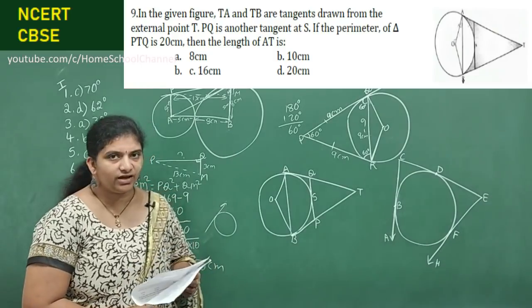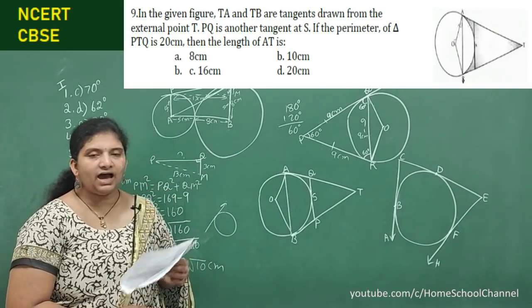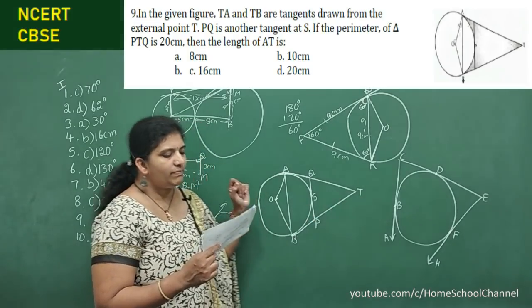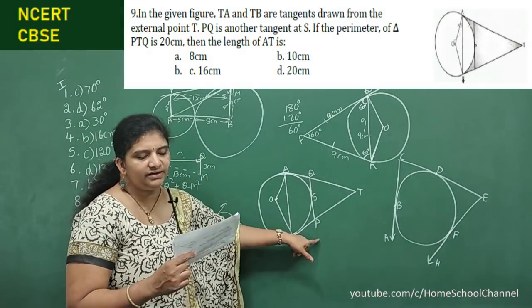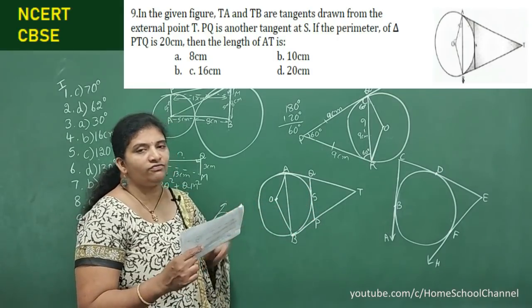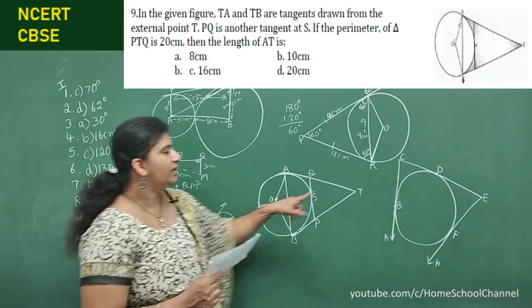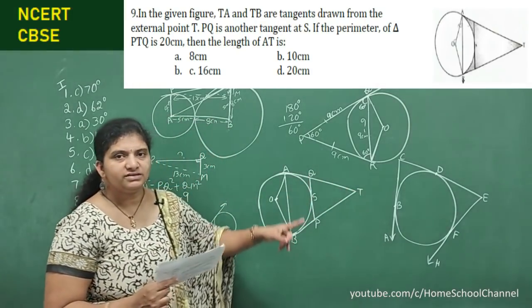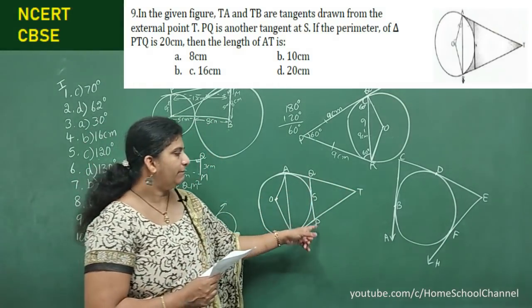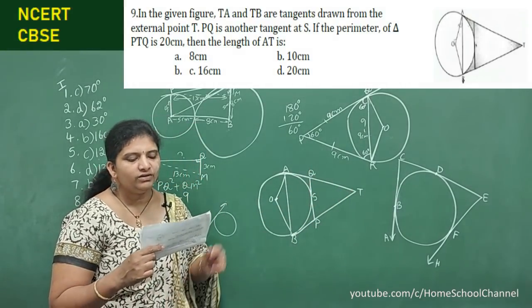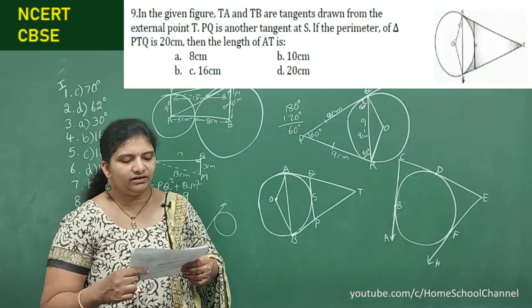Ninth one. In the given figure, TA and TB are tangents drawn from the external point T. PQ is another tangent at S. If the perimeter of triangle PTQ, perimeter means sum of all the three sides, PT plus TQ plus QP, is equal to 20 centimeter.